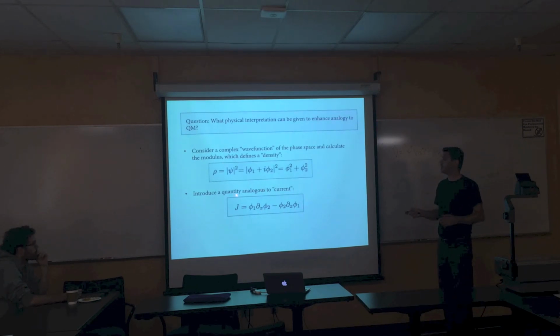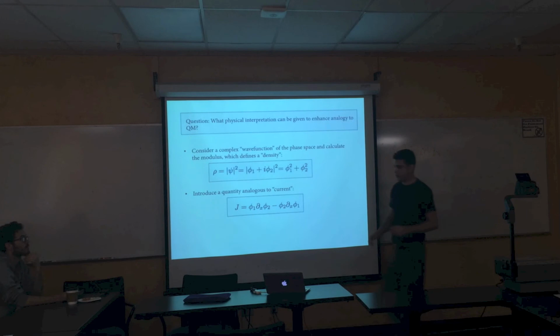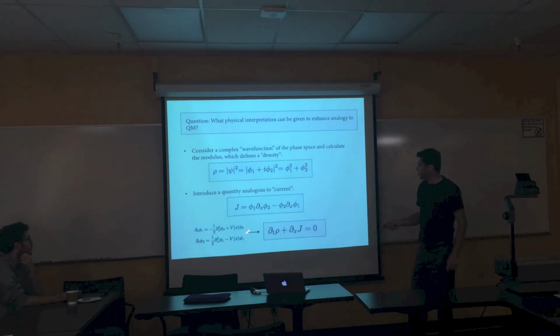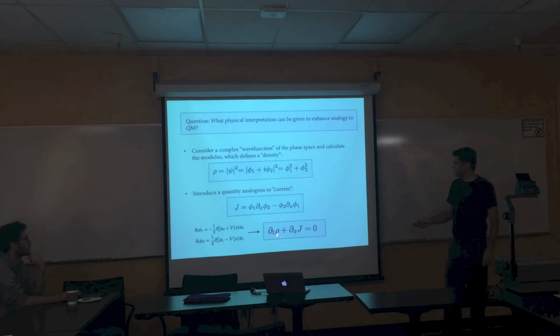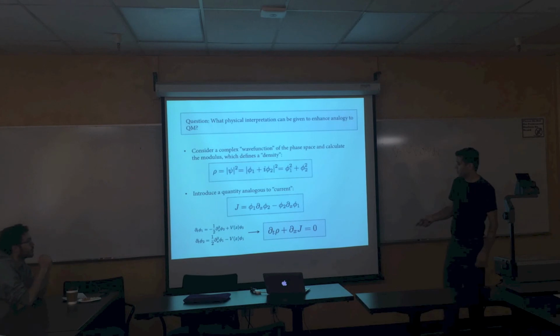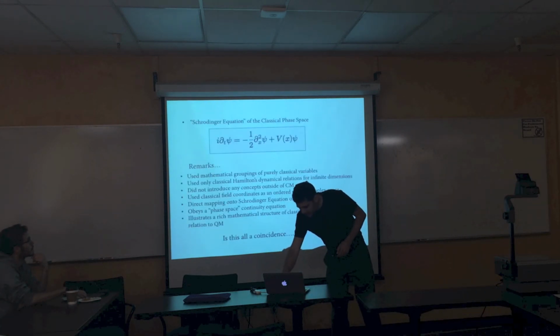I will call this a phase space current. It's phi 1 times the gradient of phi 2 minus phi 2 times the gradient of phi 1. And it's easy to check, if we use these coupled equations for the fields, that the continuity equation is satisfied. All I have to do is take the time derivative of this quantity, the gradient of this quantity, plug them in, and see that the continuity equation indeed is satisfied.